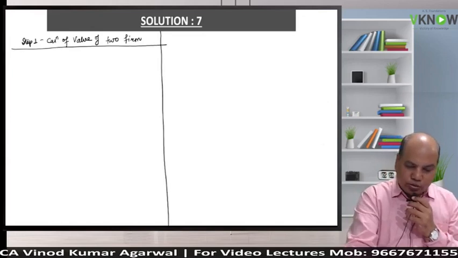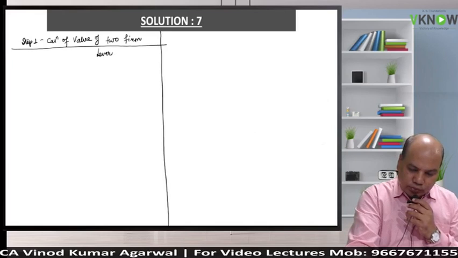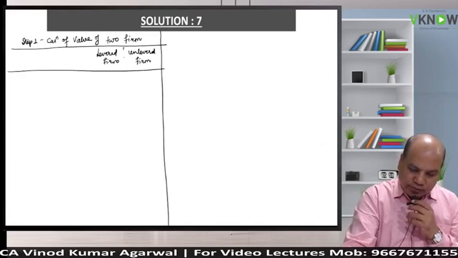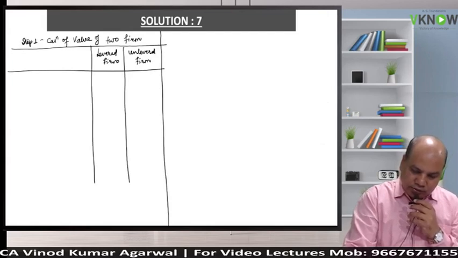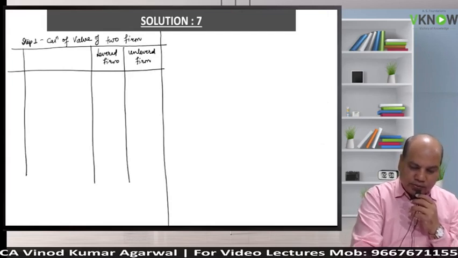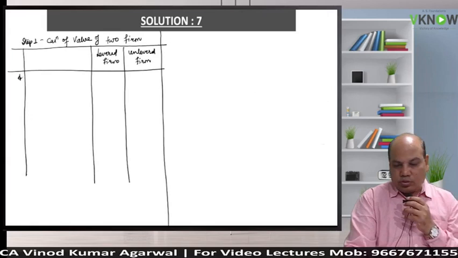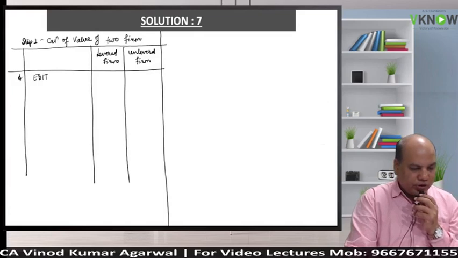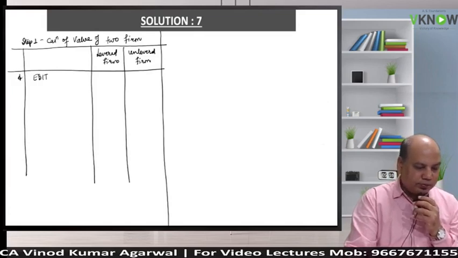So which are these two firms? Levered firm, unlevered firm. We will take today some of the most important and likely questions for exam purpose. Okay. So write down first point A, write down EBIT. Check EBIT in the first paragraph.